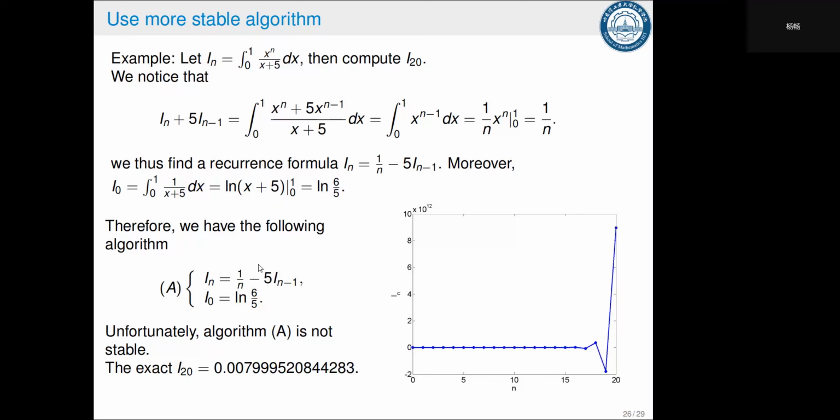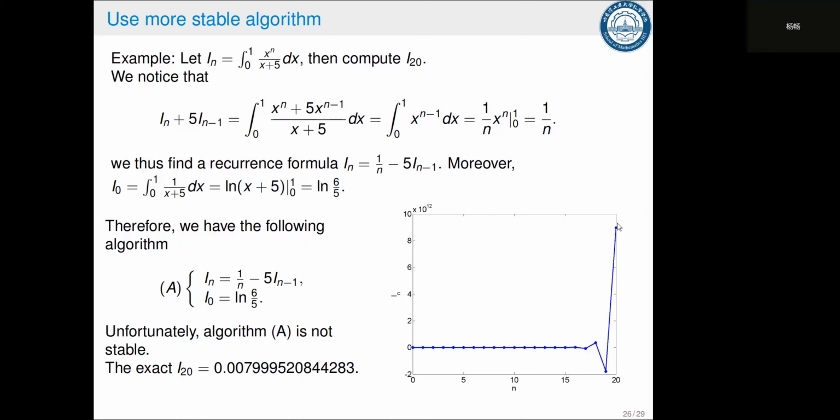However, I will tell you this is not a good algorithm, since after 20 iterations, it gives you a very bad result, as you have seen from this figure. The error explodes.